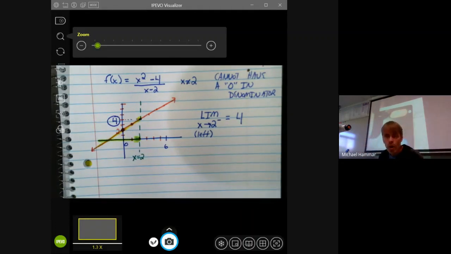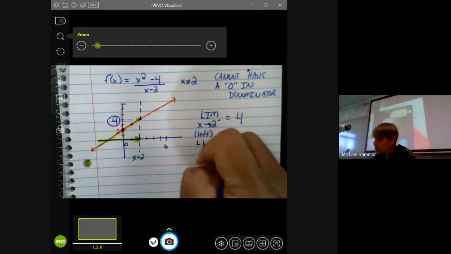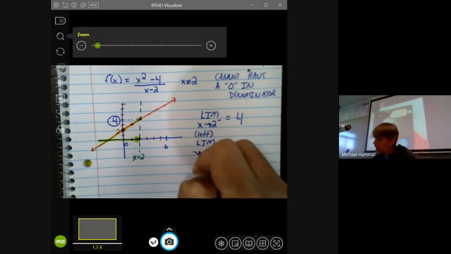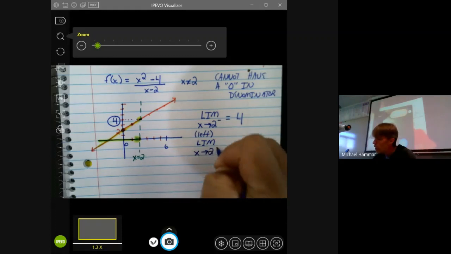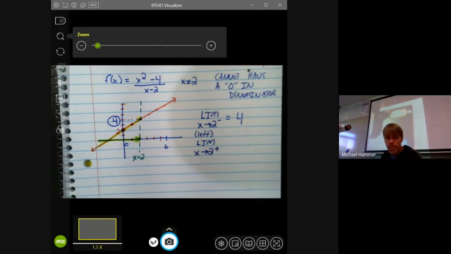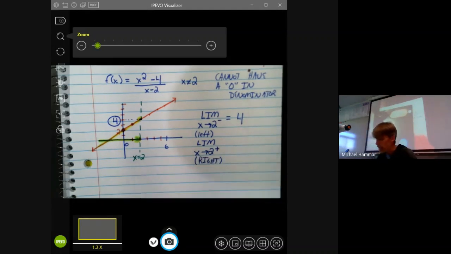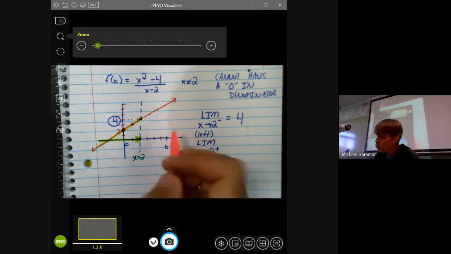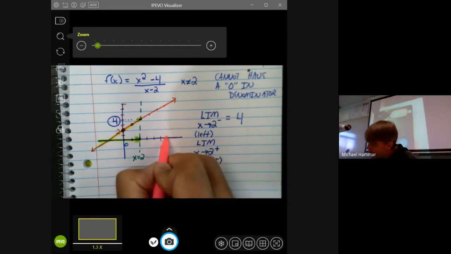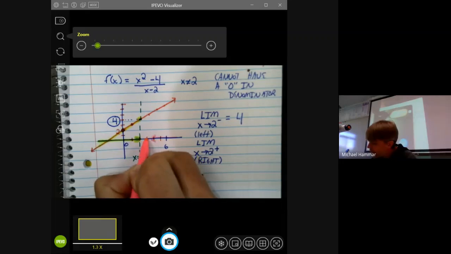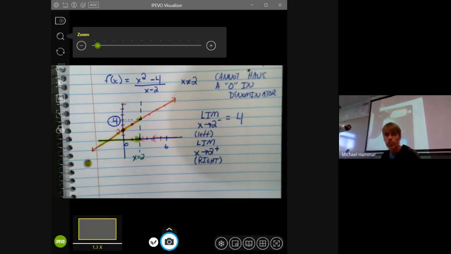Now, you also need to figure out what is the limit as x approaches 2, and if I put a positive there, the positive means from the right side. Okay? So I'm going to use pink again, and I'm going to approach 2 from the right. So I am going this way, getting closer and closer to 2 from the right side.